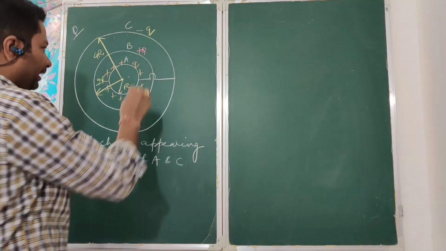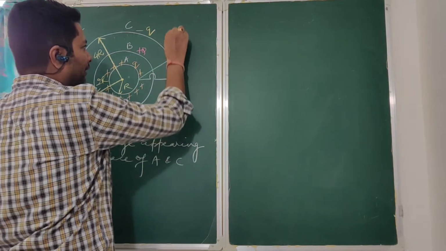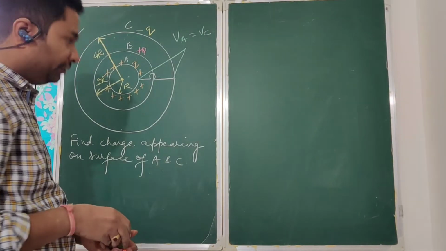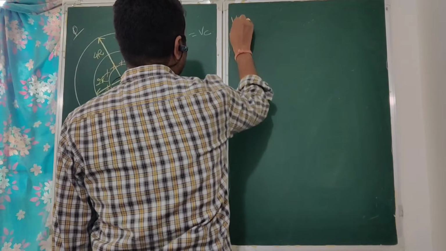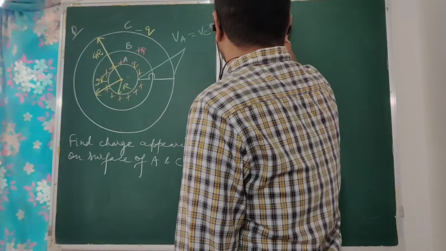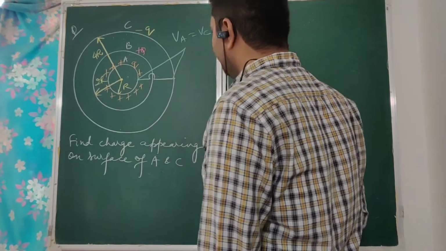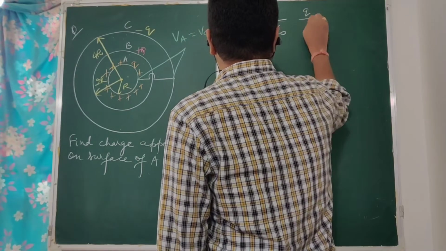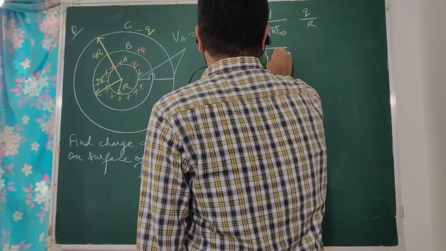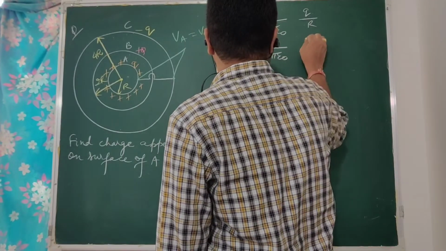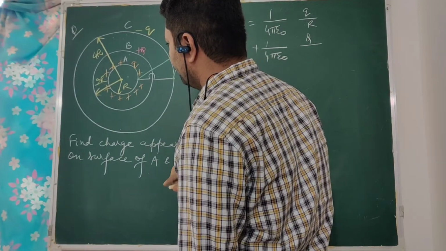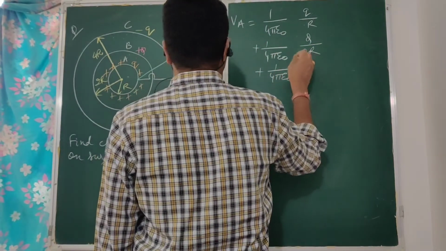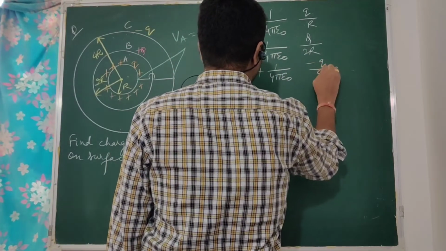Now if A and C are connected, then the potential at the surface of A must be equal to the potential at the surface of C. So let us write the expression for potential at the surface of A. It will be 1 by 4 pi epsilon naught into q by R plus 1 by 4 pi epsilon naught into capital Q by 2R plus 1 by 4 pi epsilon naught into minus q by 4R.